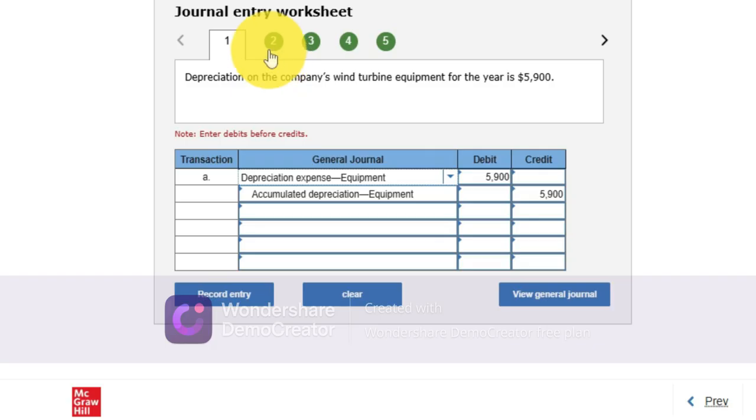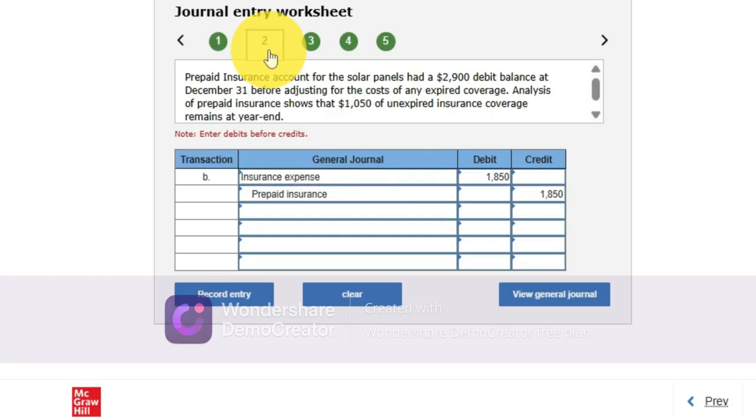On the second case, we talk about insurance. It's called prepaid insurance. On the prepaid insurance, we have a balance of 2,900 and an expired amount of $1,050. To do a quick calculation, when you do the subtraction here, you are going to have $1,850 as expired.